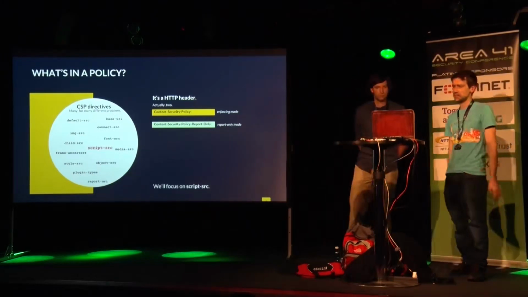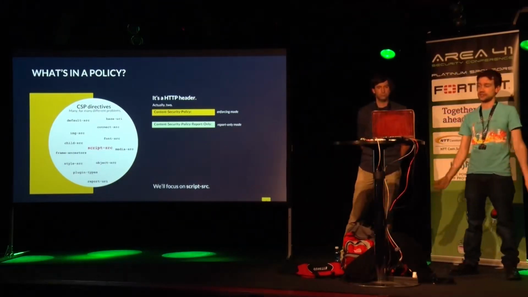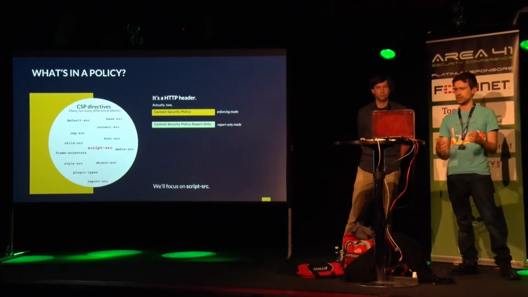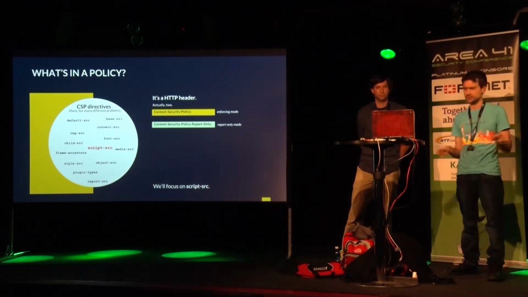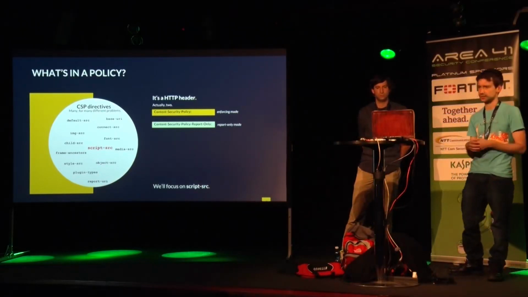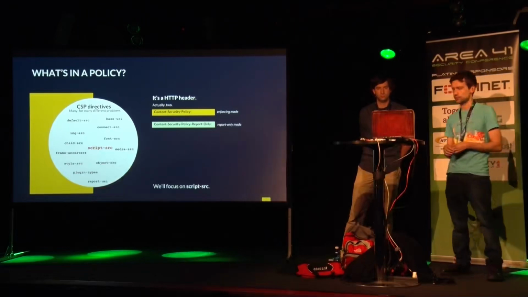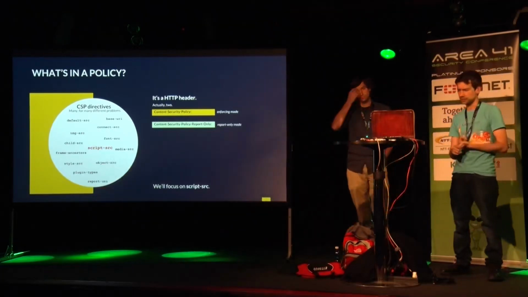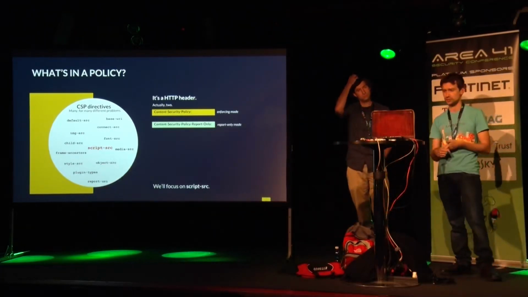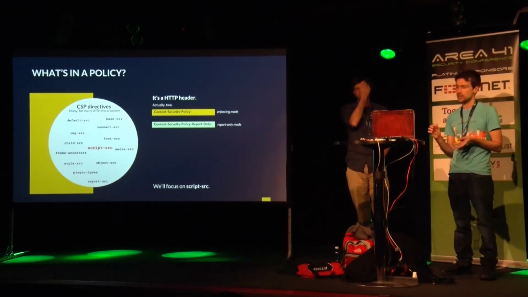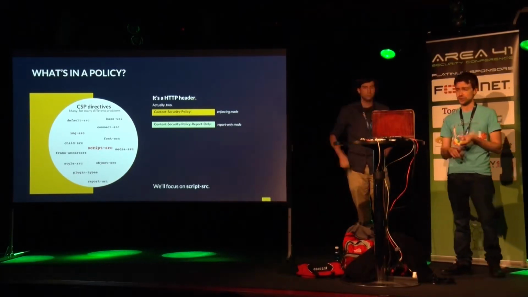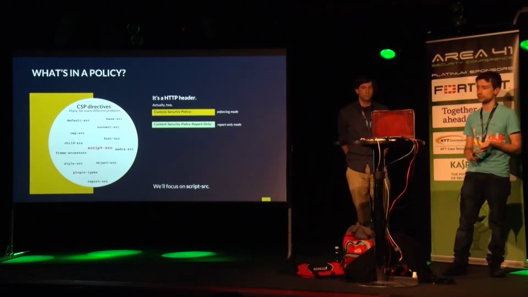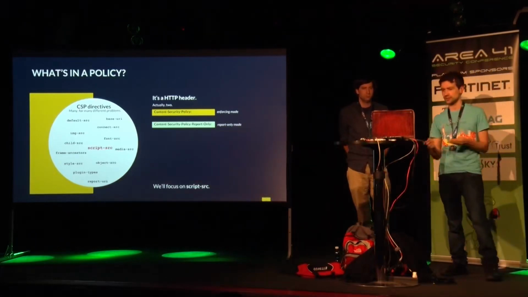And there are many directives that try to address different problems. So for example, there is the catch-all default-src. SRC stands for source. For images, there is img-src, child-src deals with frames and some other things. connect-src deals with XHR, font-src deals with fonts, frame-ancestors.